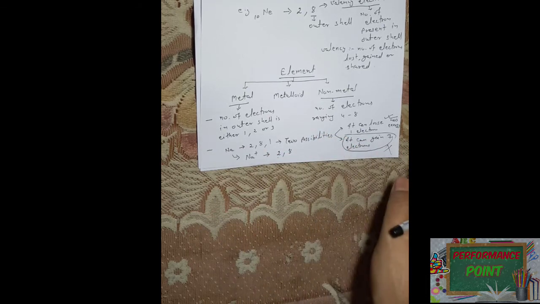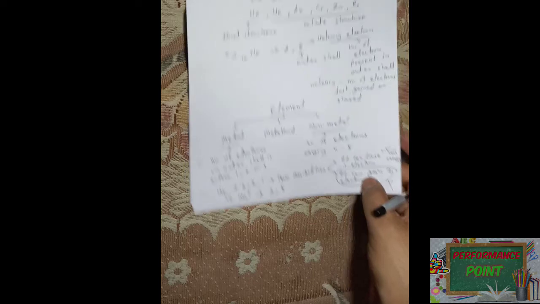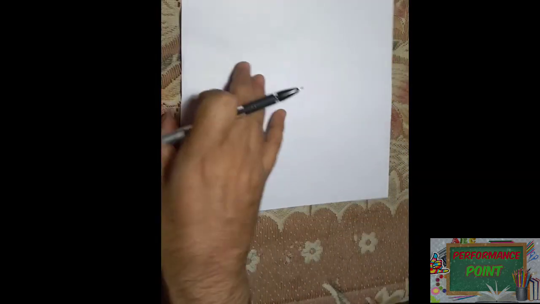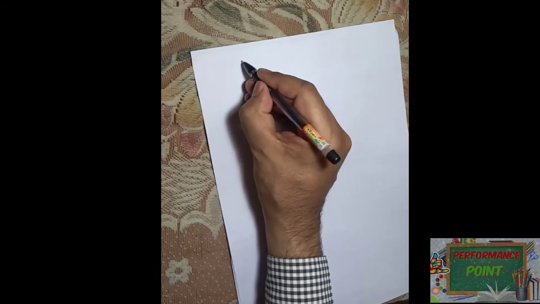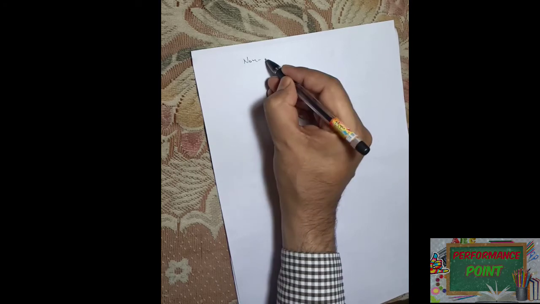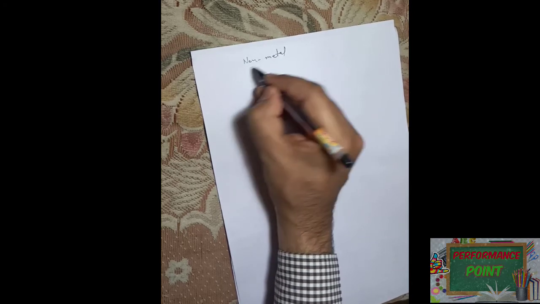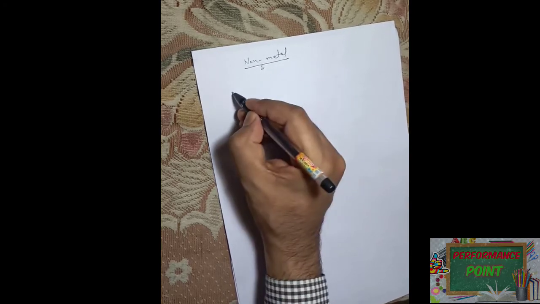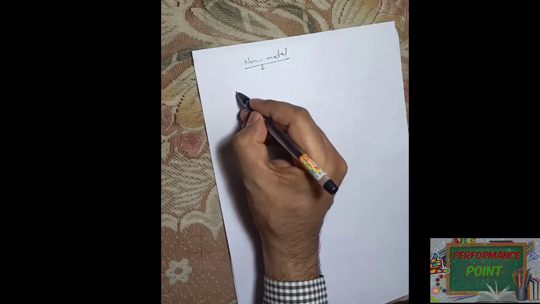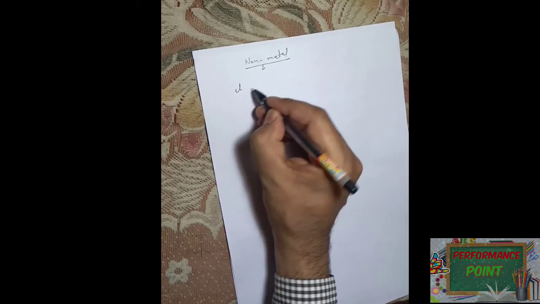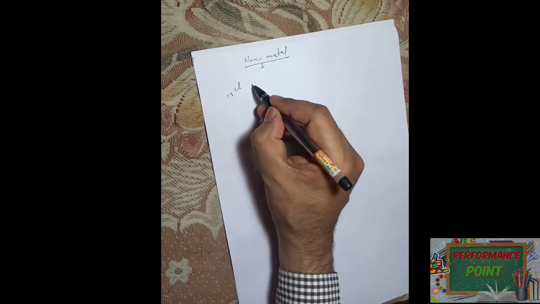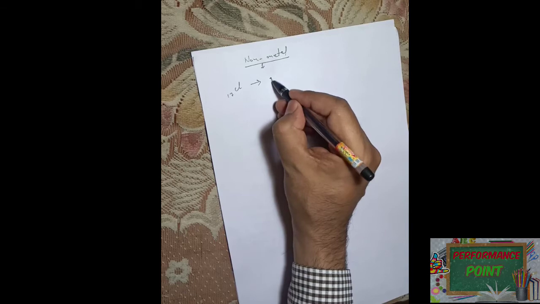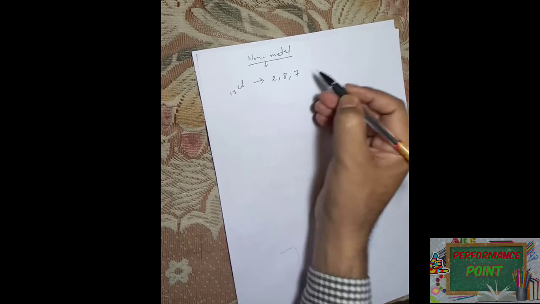Now, if we look at the non-metal case, what will happen? Let's take an example of a non-metal, chlorine. It has atomic number 17, so its electronic configuration is 2, 8 and 7.